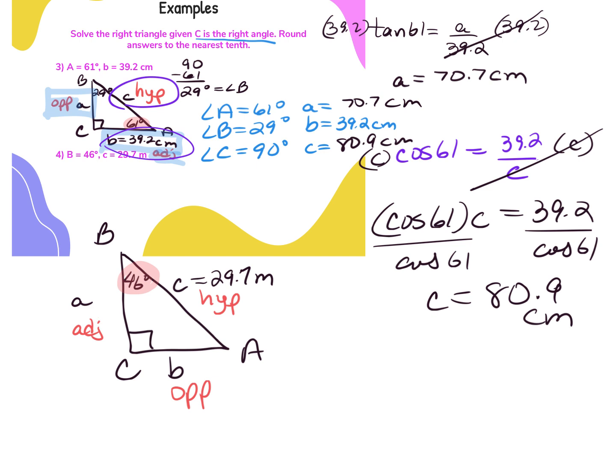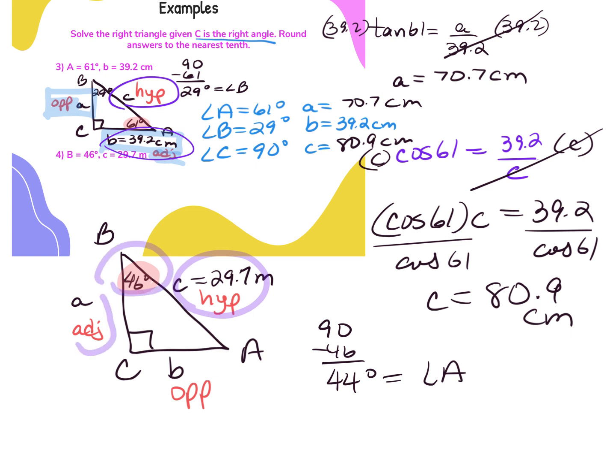Again, the easiest thing to find first is that missing angle. Do 90 minus 46, and that's going to give us 44 as the missing angle, angle A. So it's 44. Okay, so now that I've labeled the sides, again, use your given. So I'm going to use the hypotenuse, and I'm using this angle. So now when I want to find little a, I got to figure out which one from my SOHCAHTOA is going to use adjacent and hypotenuse.